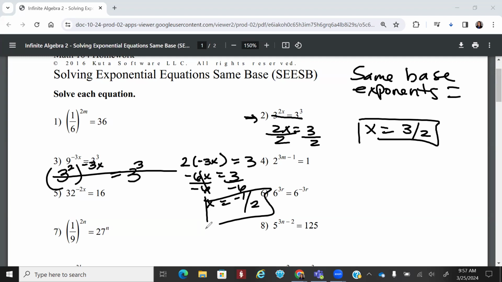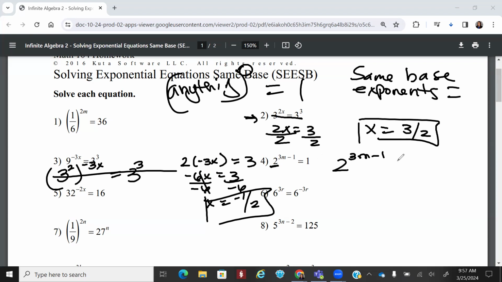Number 4 is a little weird, okay? Because we have 2 raised to something is equal to 1. I need you to remember that anything raised to the 0 power is 1. So right here, if I have a base of 2, I can rewrite that 1 as 2 to the 0 power.